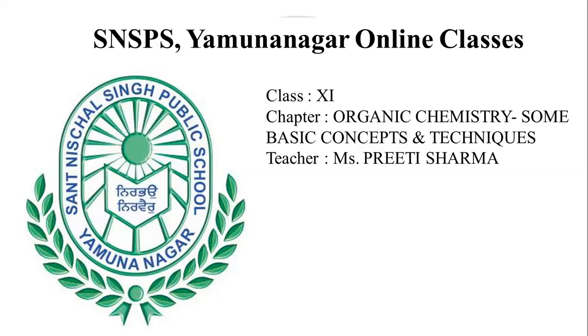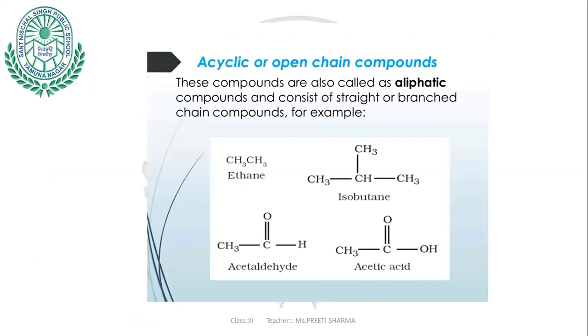First of all, I'll take acyclic or open chain compounds. These compounds are known as aliphatic compounds, students. It means they may be straight or branched chain compounds. For example, ethane, isobutane. Isobutane is a common name, otherwise you can write 2-methylpropane. Acetaldehyde is known as ethanal, and acetic acid is known as ethanoic acid, right?